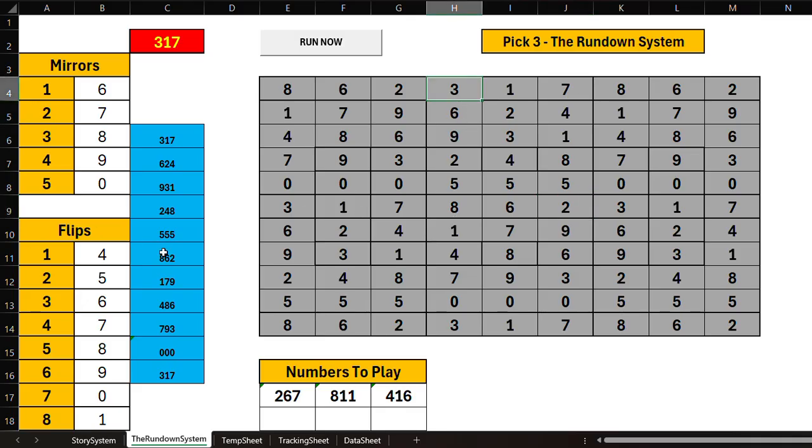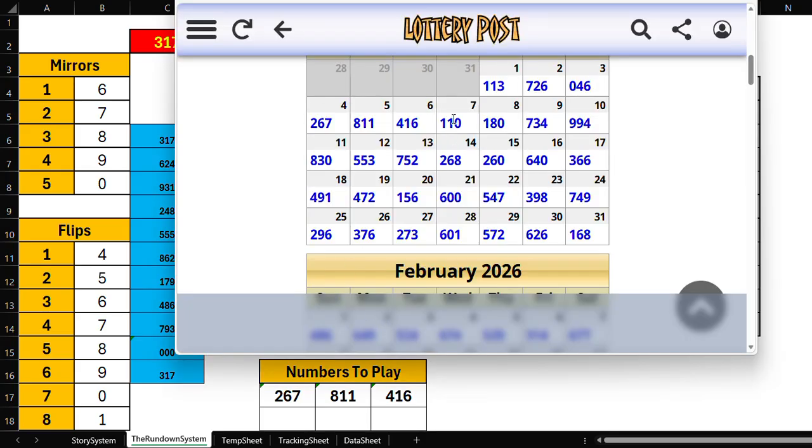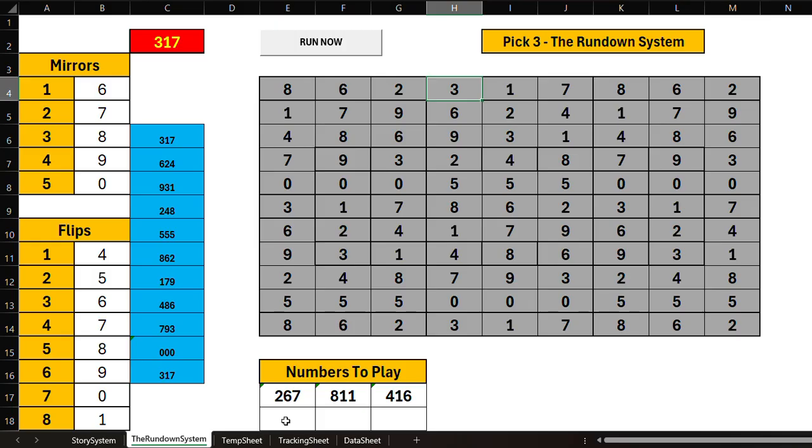So let's see how 416 came up with 110. So let's put 416, right? So 416 is the 486, right?